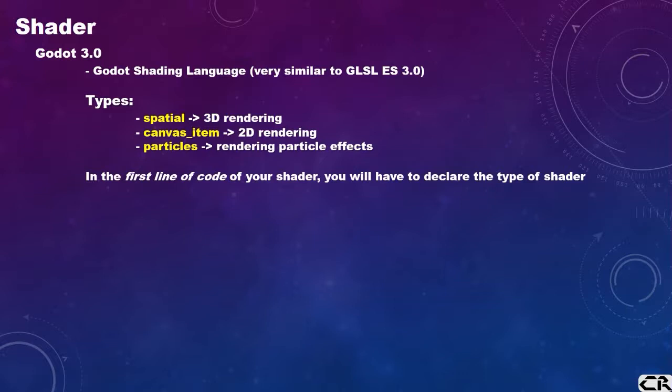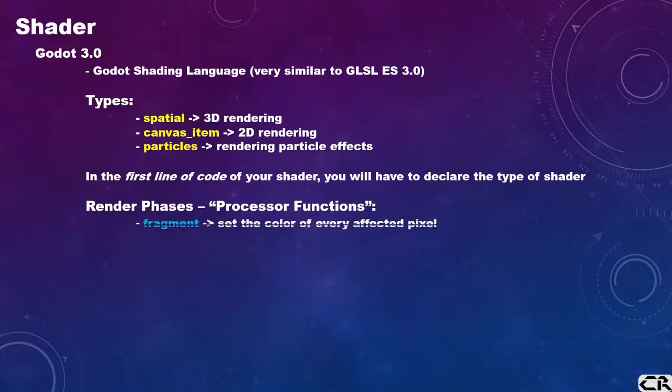After determining the type of shader, you have another three choices of what render phase you want to affect: fragment, vertex, or light. You can include one or all of these phases. Processor functions. The processor function fragment is used to set the color of every affected pixel.